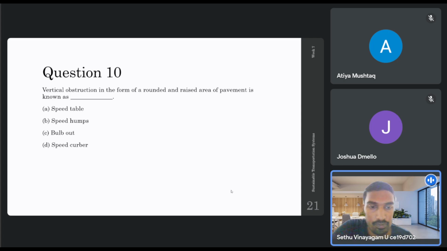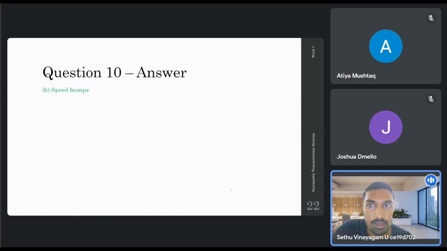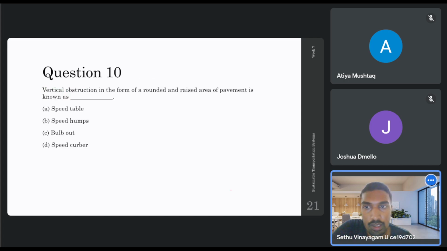Okay, so the right option is option B. It is speed humps. So we already looked at the different forms of the traffic calming measures.